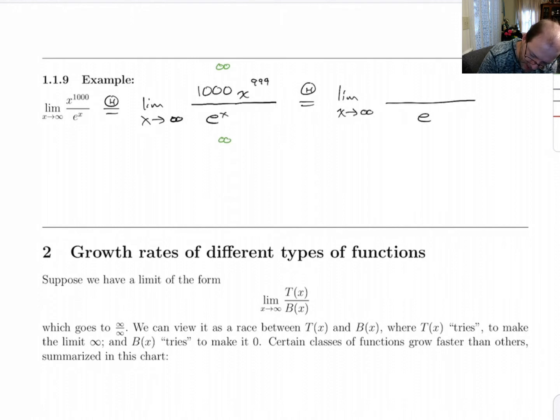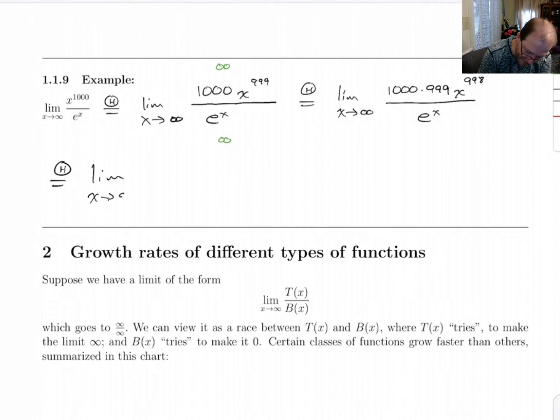So on the bottom, we've got e to the x. On top, we've got 1000 times 999 x to the 998. And so we have to use L'Hopital's rule one more time. Well, not just one more time. After we do it one more time, the bottom is going to remain the same.